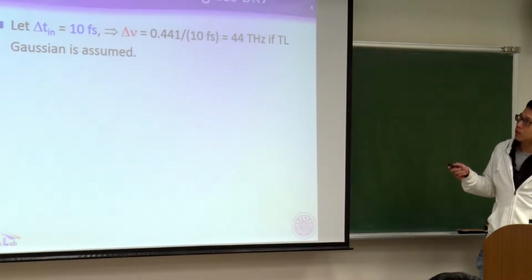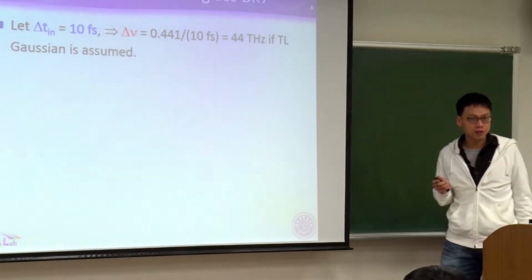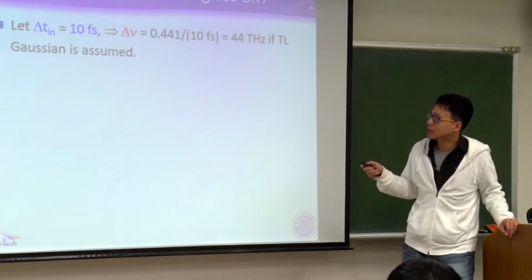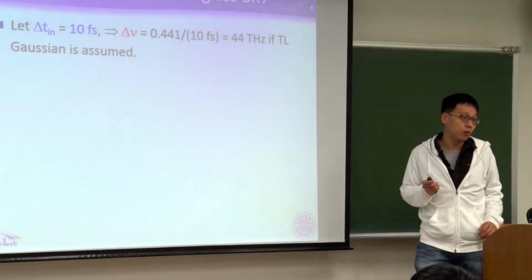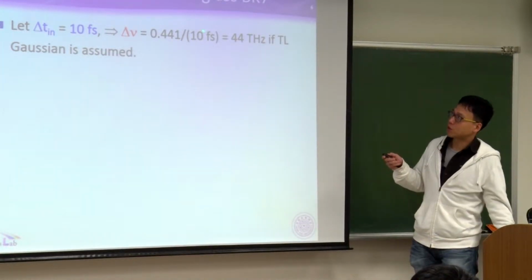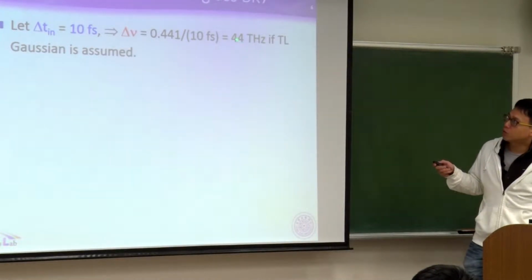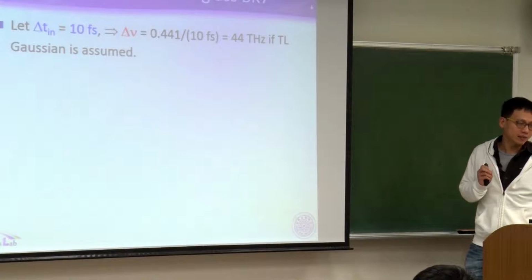And if the input pulse is transform limited Gaussian pulse, you can quickly calculate the corresponding bandwidth, right? Because the time bandwidth product is a constant 0.441. So if you substitute 10 femtosecond in the denominator, you got 44 terahertz. Okay, 10 femtosecond pulse, 44 terahertz bandwidth in theory.